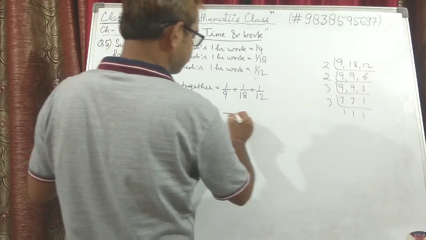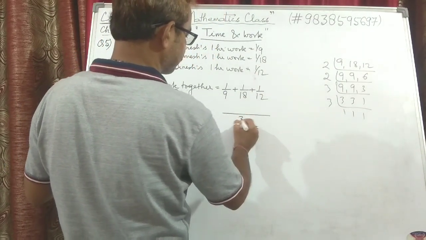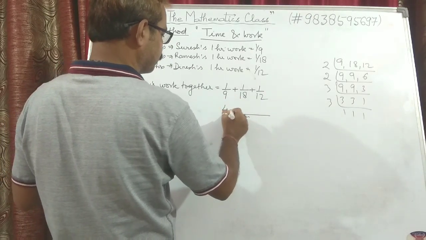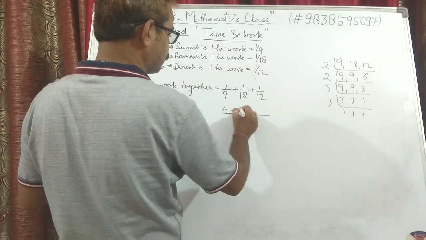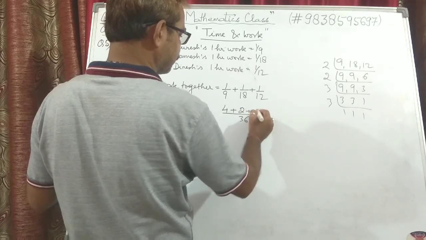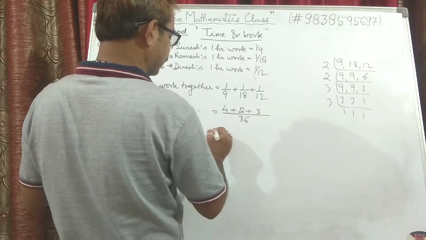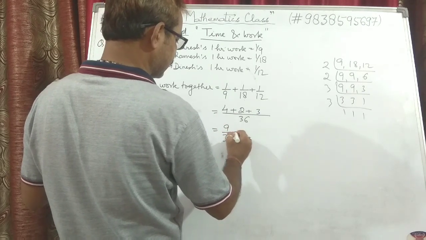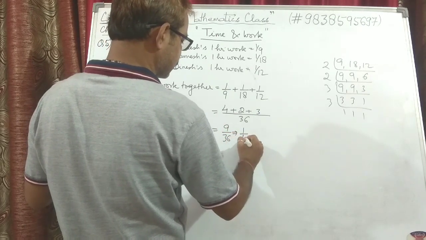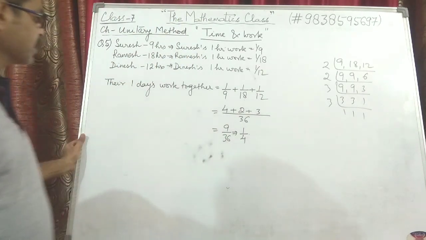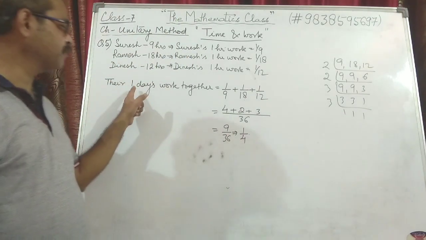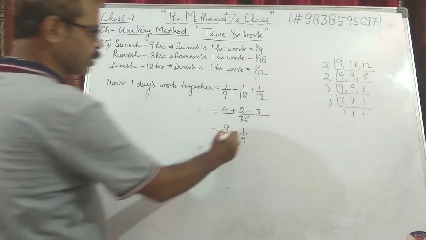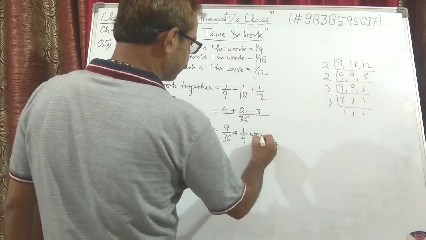We will have LCM as 36. 9 4s are 36, 4 into 1 is 4, plus 18 2s are 36, 2 into 1 is 2, 12 3s are 36, 3 into 1 is 3. So it came 9 upon 36, that can be written as 9 1s are 9, 9 4s are 36. Means if they work together for 1 day, they can complete 1/4 amount of work in 1 day.